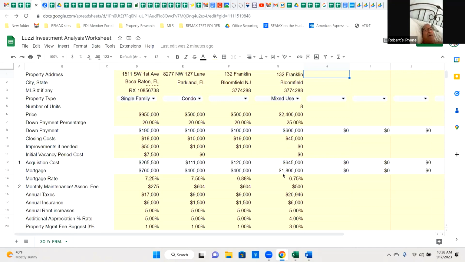Does each tenant have their own heater, or is the landlord supplying the heat for the whole place? I mean, in the MLS sheet, it says garbage included. You need to do more investigating. Well, that's what I'm saying. Yep. So Mickey, let's go.